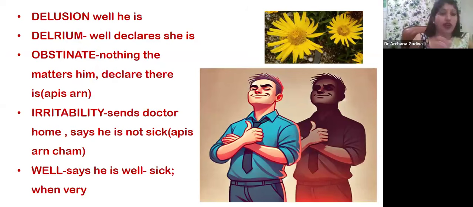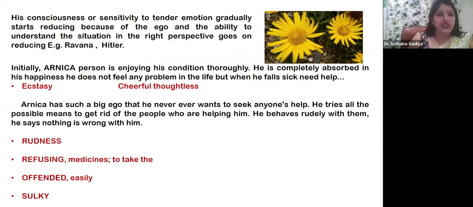So I think all have got this feel of well, says he is when very sick in our case. So his consciousness and sensitivity to the tender emotions gradually start reducing. Whenever the person is in a state of ego, he's not able to understand the small emotions of the person.